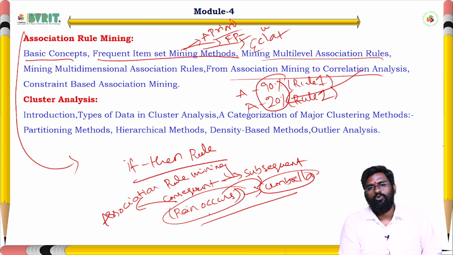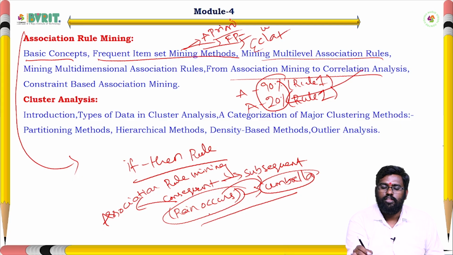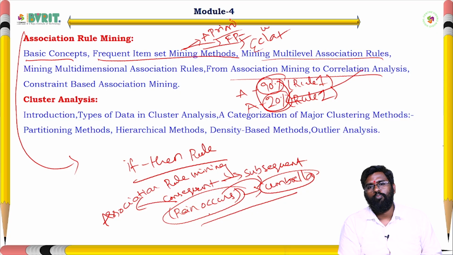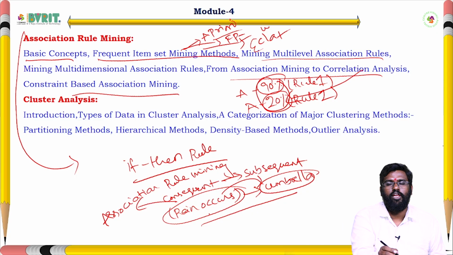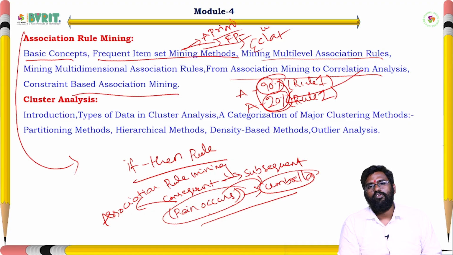Correlation analysis is used to identify consistent confidence values; the A value may be 20% or 90%, and we identify that using correlation analysis. Constraint-based association rule mining is used to identify which constraints or conditions we need to implement in the rule mining.